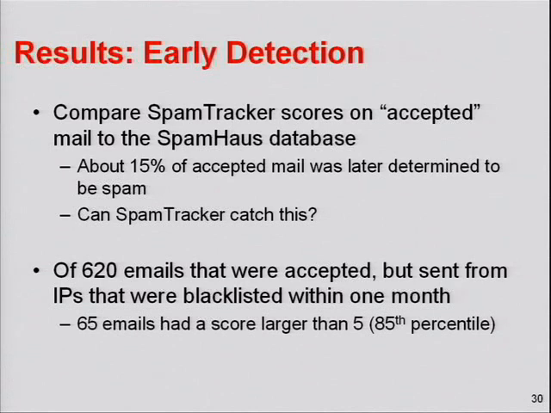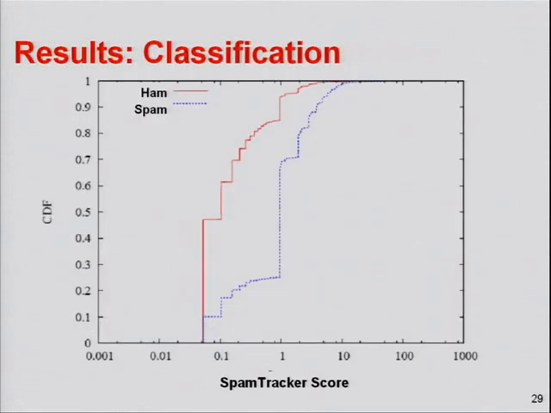So what we did was look at the pieces of mail that were accepted for delivery, but we gave really high scores, right? So up here, we either have wrong answers, or we have things that nobody else has reported as spam, but might actually be spam.